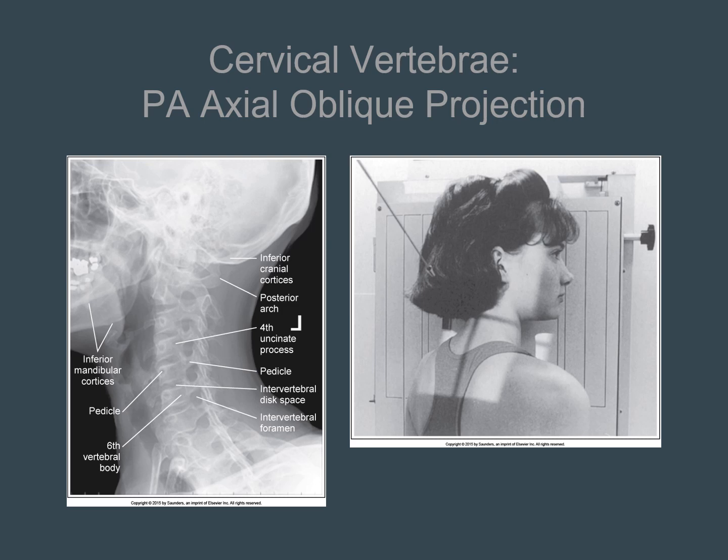It requires a caudal central ray of 15 to 20 degrees. Also, the structures best shown in a PA rather than an AP projection are the intervertebral foramina and pedicles closest to the IR in the PA axial oblique projection. All other positioning, SID, and all other factors remain the same.